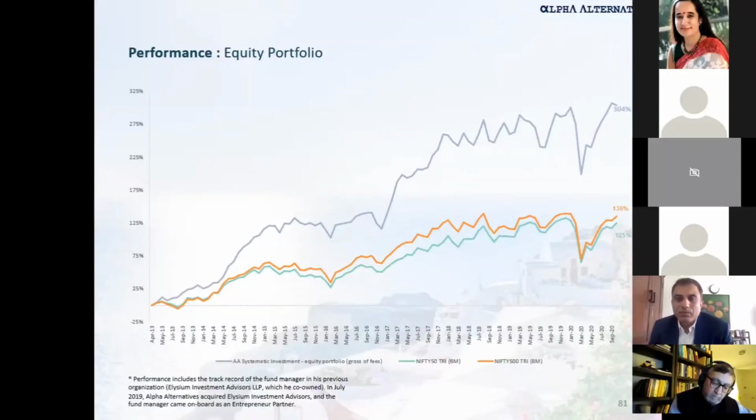So by not letting your biases come into the decision-making process, you're able to deliver returns which are far superior to the market. So that is one risk that we try to address, which is the behavioral risk to investing.